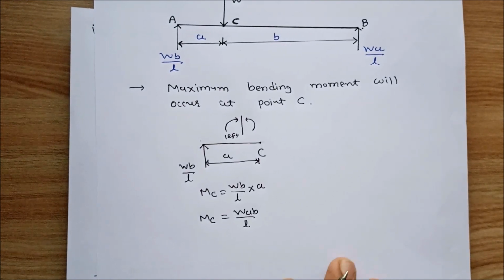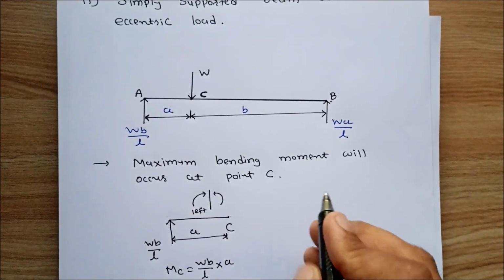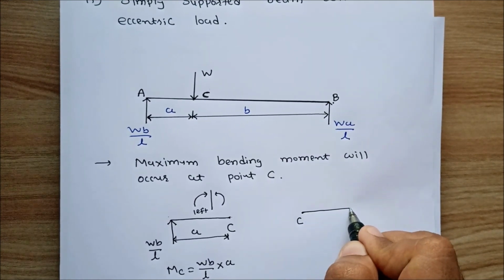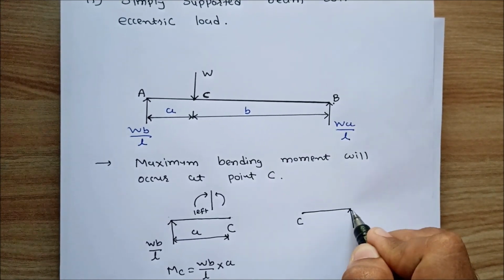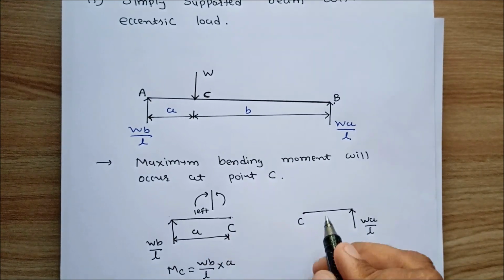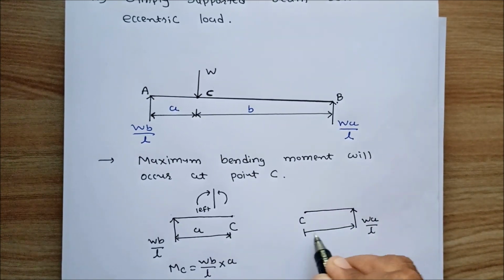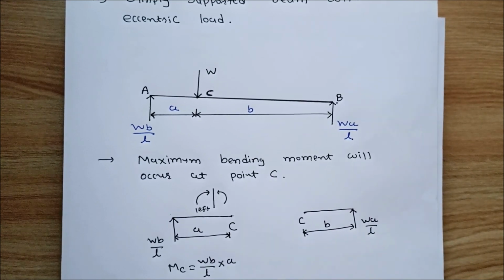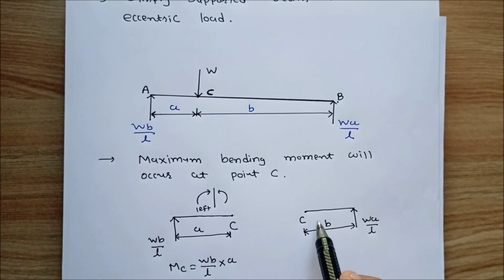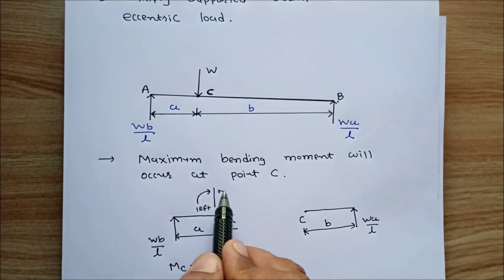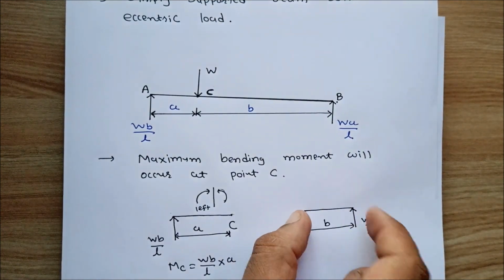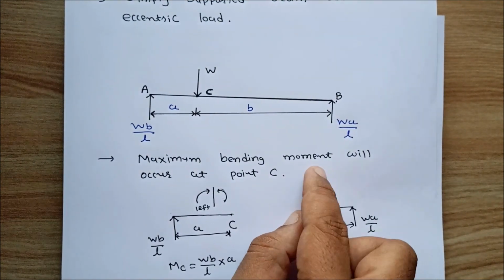While you calculate bending moment from right side, you get same answer. For example, this is right side. At right side there is a reaction at B, that is WA by L, and this distance is B. So according to our sign convention, while you calculate bending moment from right side, anti-clockwise is plus. So here bending moment goes anti-clockwise. So anti-clockwise, that is plus.